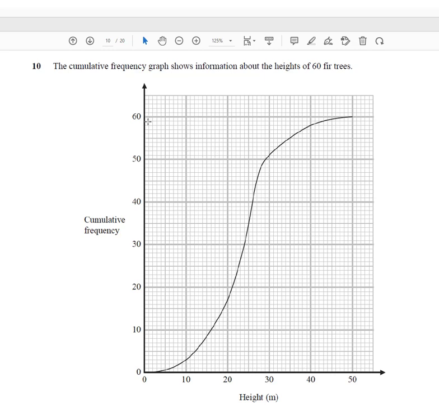These are the trees that are greater than 30. So it's not going to be 50. Be careful. 30 up to the line and across. These are the number of trees that are greater than 30. These ones are below 30.